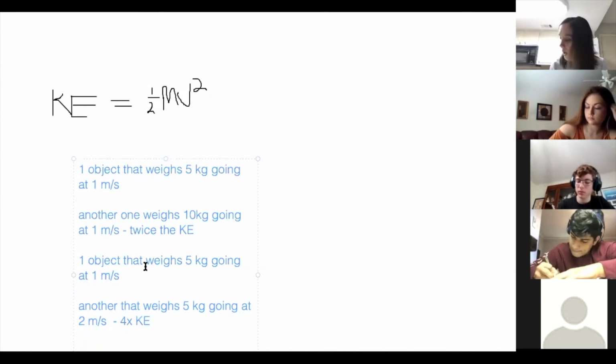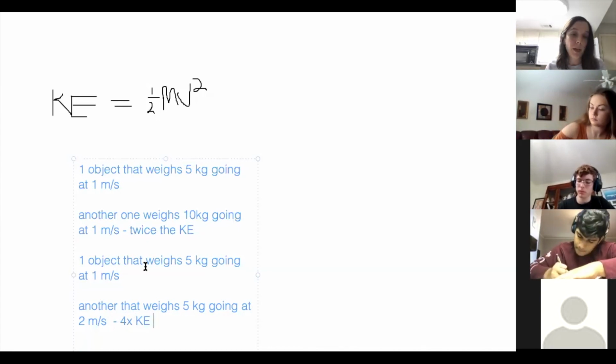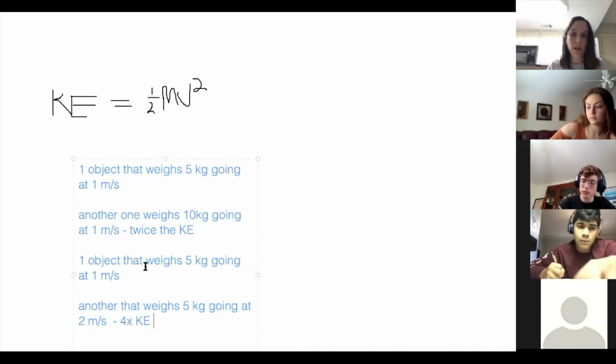So that's how mass and velocity will affect the energy of the object. This explains why things that move faster and things that weigh more hurt when they hit you. Because when something hits you, so if you throw a beanbag at somebody, that beanbag hits your hand, your hand absorbs that energy and it makes it stop.